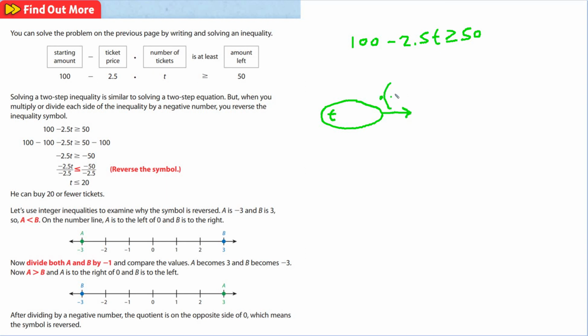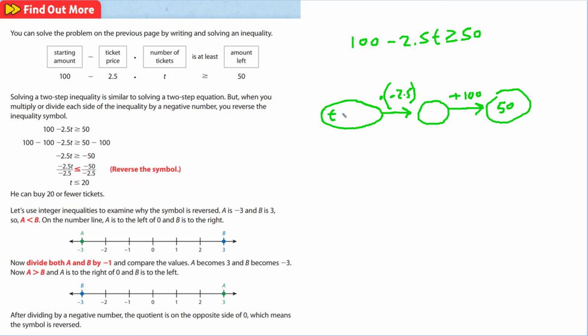Multiplied by negative 2.5. Remember, you always look to the left of the number or variable to see whether it's positive or negative. What happens to it after? Plus 100. Remember, look to the left of it. Since there's nothing there, it's plus 100. And then the output here is going to be 50.